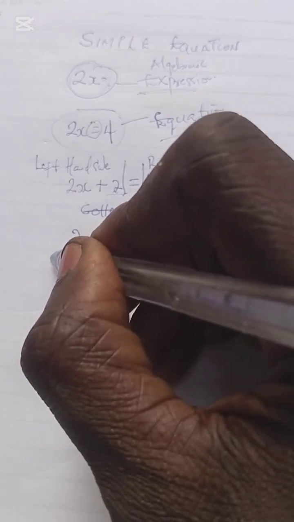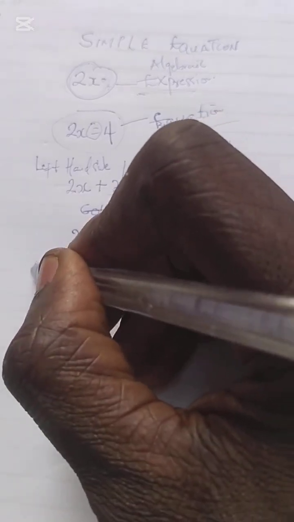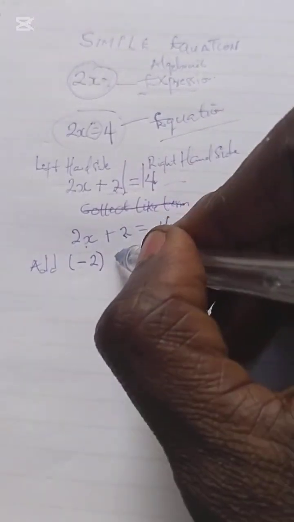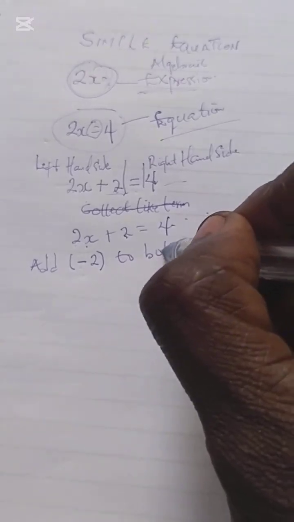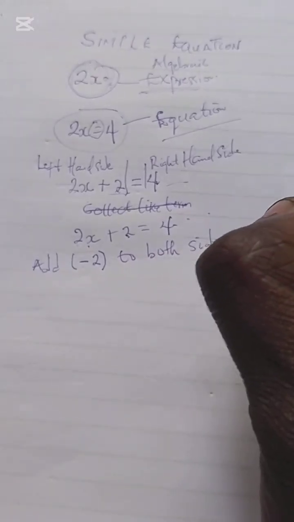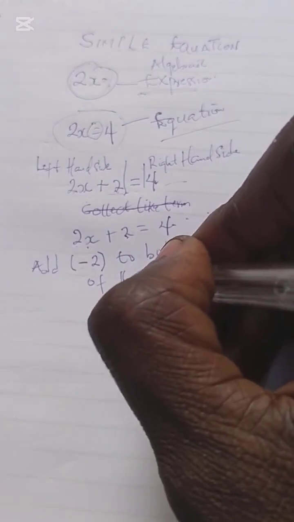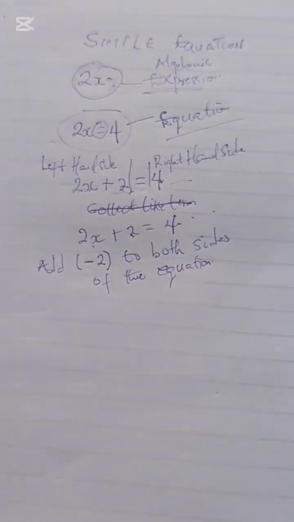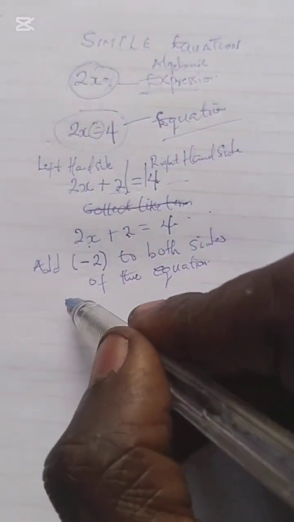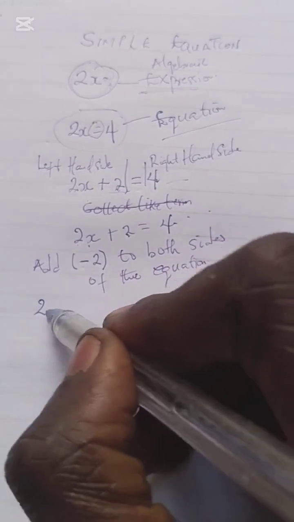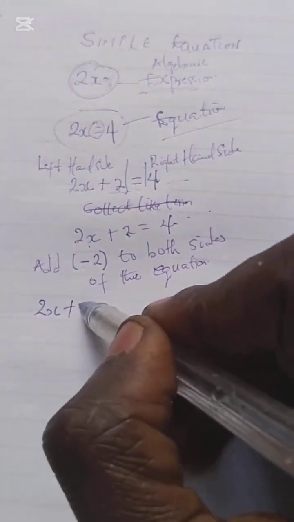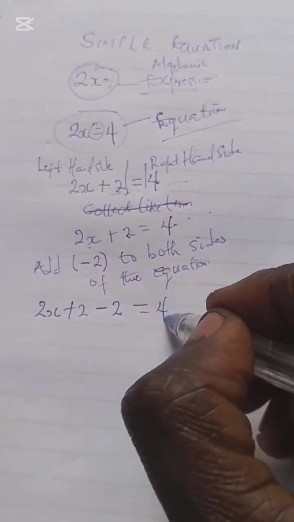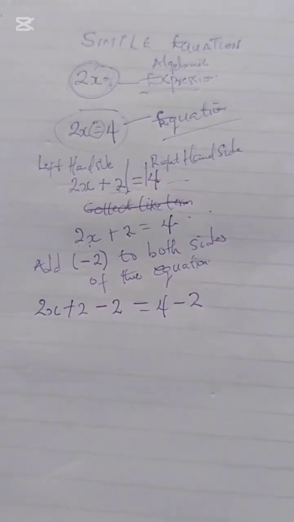We are going to say like this: add -2 to both sides of the equation. You see it? So that means 2x plus 2 minus 2 is equal to 4 minus 2.